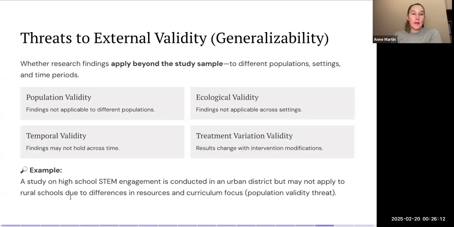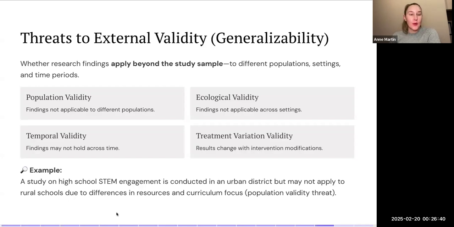So it could be population validity, and you all did a great job when we looked at the example of the study about mental health and walking in an urban area or walking in a rural area. We talked about that and how there might be some issues there. They might not hold across time or in different settings, or with a different intervention, it could be different.